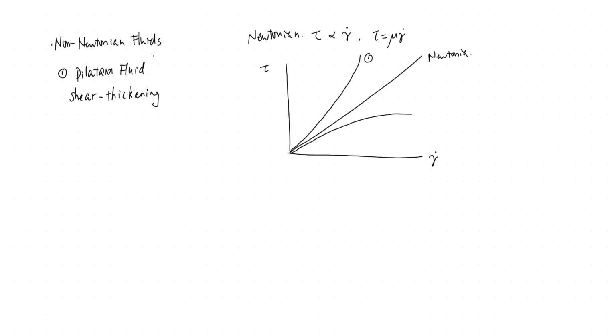And these two, this line number 2, this is called pseudoplastic fluid. This is opposite to the dilatant fluid. And this type of fluid behaves like shear thinning.